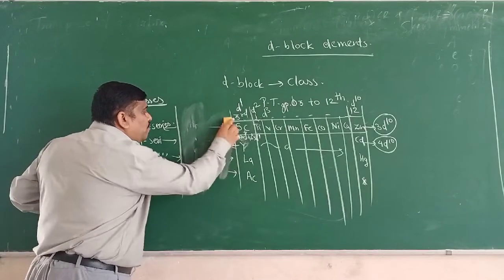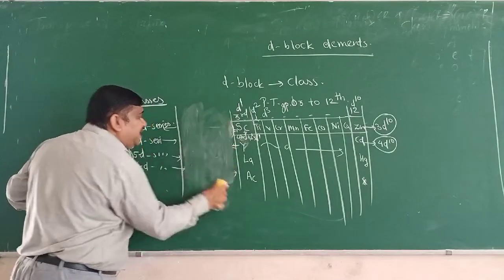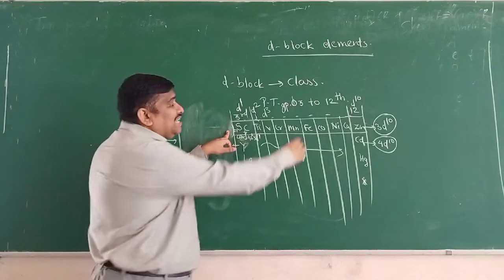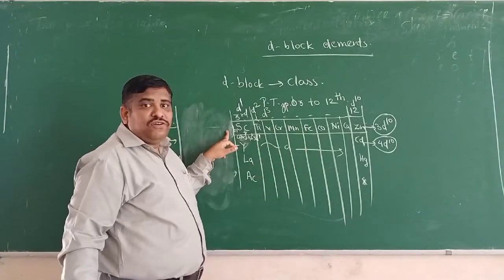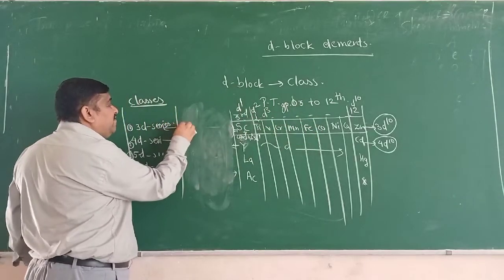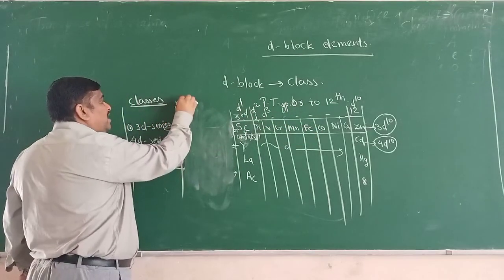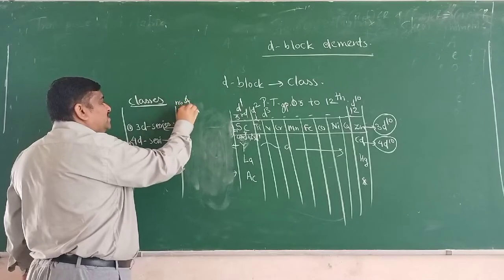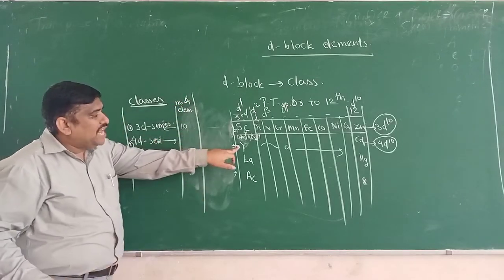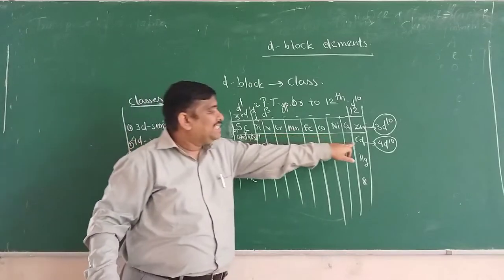Now you are going to write how many elements are there in each series. There is a first element and a last element, therefore there are 10 elements. So the 3d series has 10 elements. I am going to write the number of elements in the series: 10 elements are there. Here also the starting element is also there.